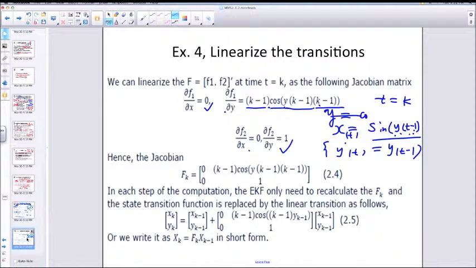So in that case, the Jacobian of this function f is going to be this F_k. That's the approximation of your function f, which is 0, 0, and the derivative with respect to y. And that's the F_k.